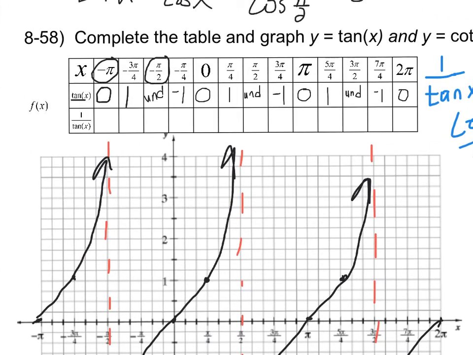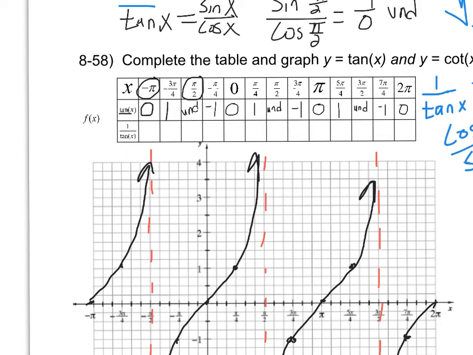So if you go to your unit circle, and take a look at the cosine over the sine at a negative pi. And what you're going to find out is that is actually 1 over 0, which is undefined.